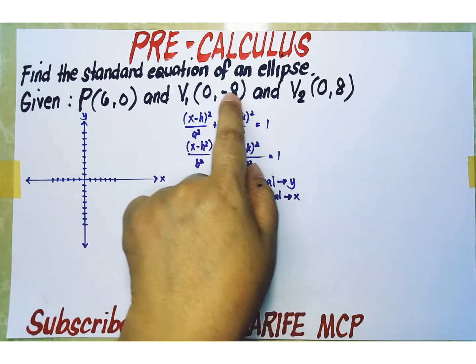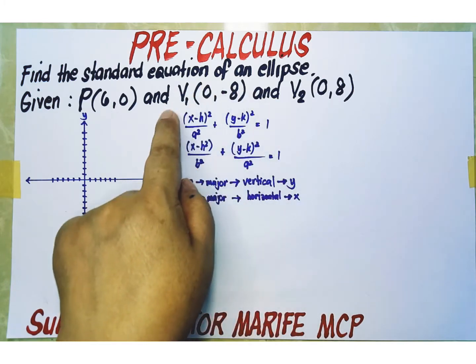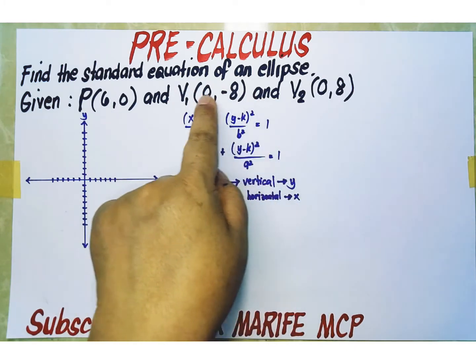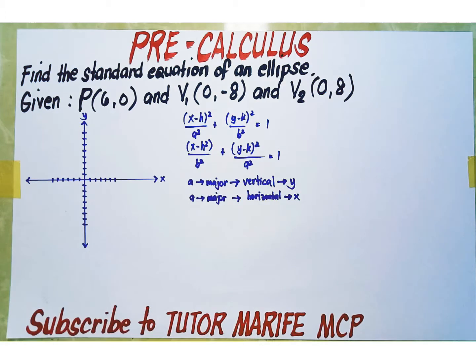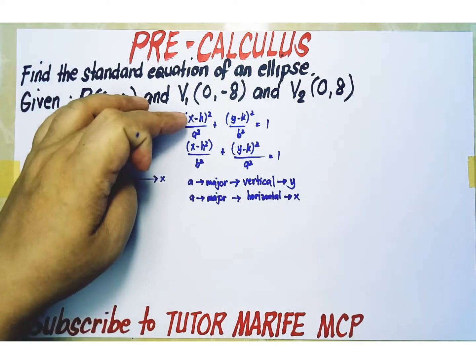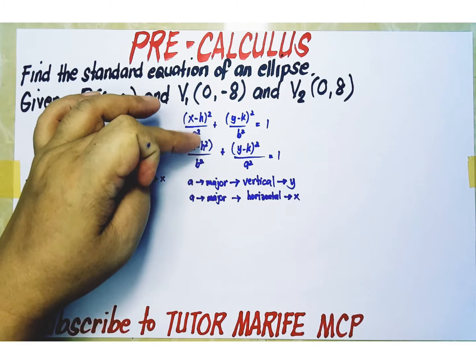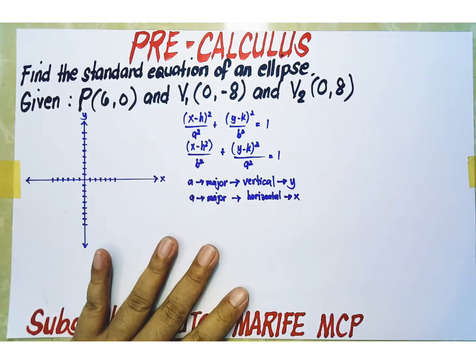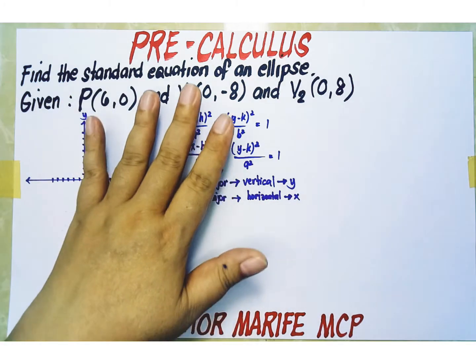That means you will use this equation when the major axis of the given problem is horizontal. Okay? The first step is to figure out which of the two standard equations we are going to use for our problem.